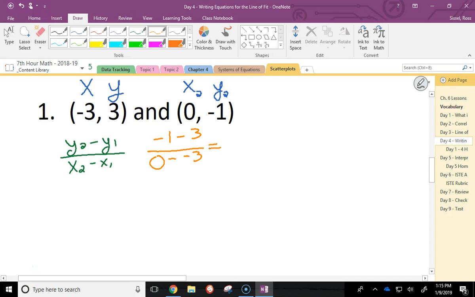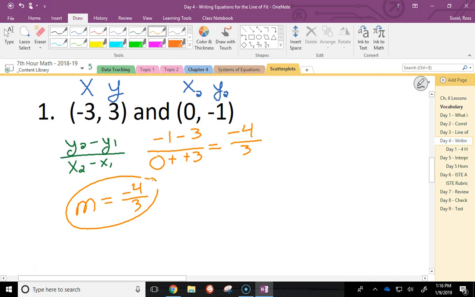When we solve this, -1 minus 3 gives us a -4. When we do 0 minus -3, well, what's minusing a negative like? Adding a positive. So I'm going to change this to adding a positive. 0 plus 3 is 3. So on this first example, our slope was -4/3. And that's perfectly fine. We want it as a fraction. It's kind of easy. Rise over run.